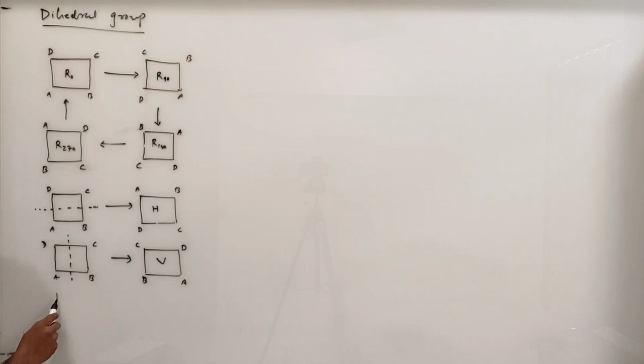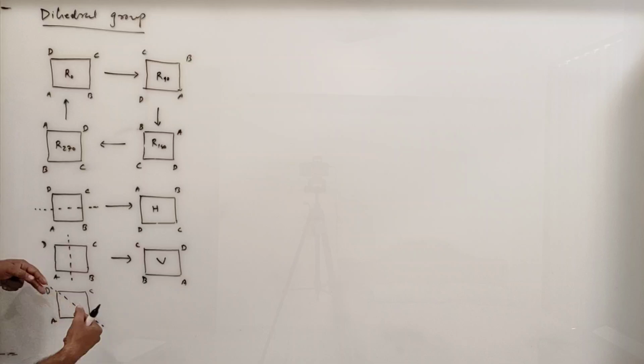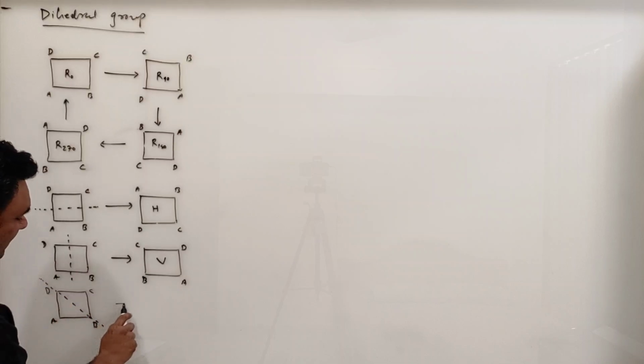So I will call this position V. Now again you consider this one, A, B, C and D. So you consider this diagonal, and you just take the reflection with respect to this diagonal. Then A and C will interchange, but B and D will remain as they are.